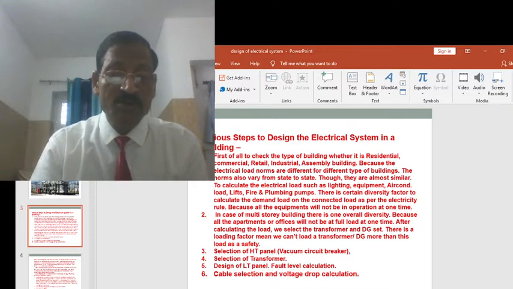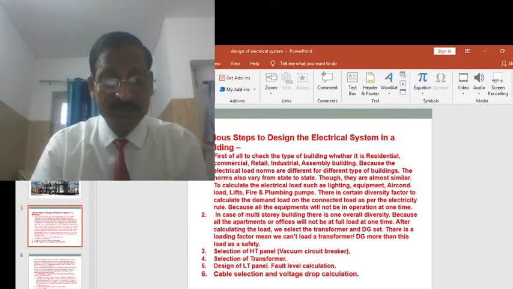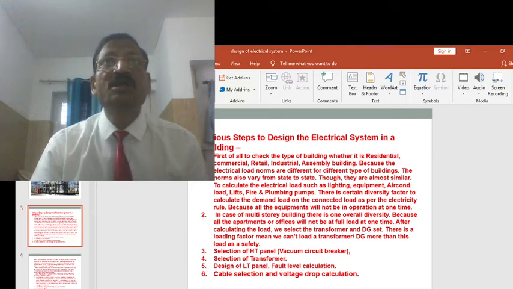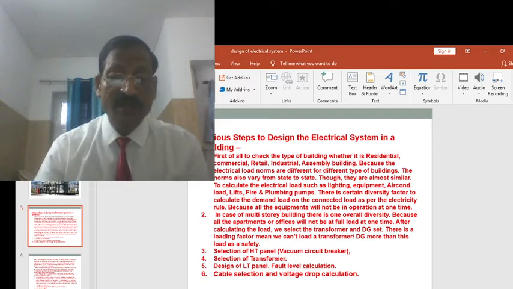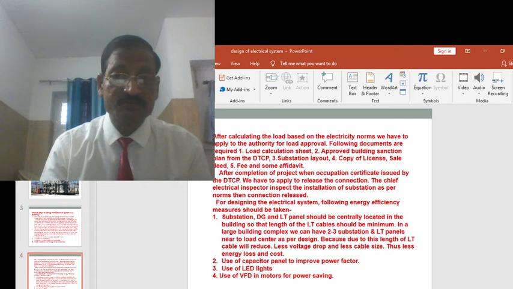After working out the transformer and DG, there is selection of the HT panel, which is a vacuum circuit breaker, then selection of the transformer, and we design the LT panels based on the different types of loads in the building. Then fault level calculation, cable selection and voltage drop calculations.